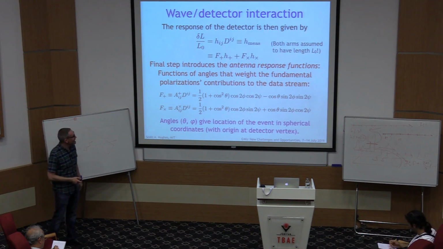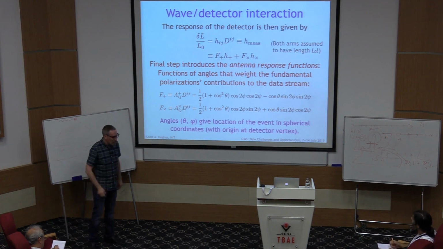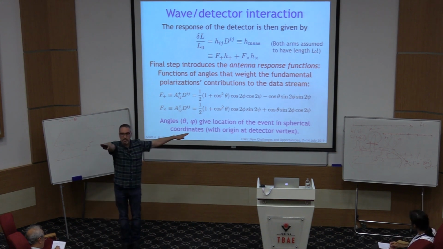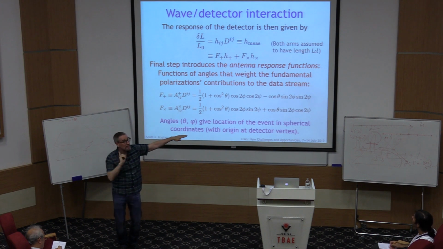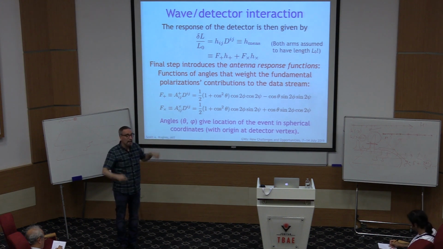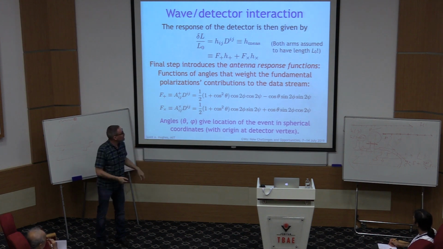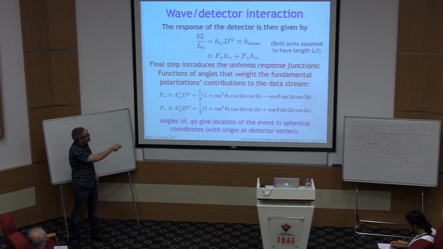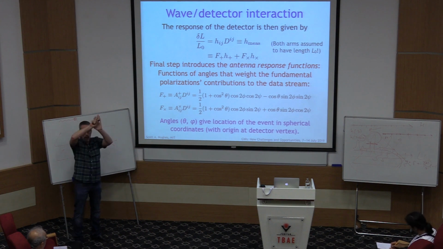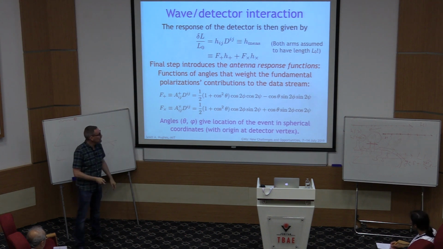Yes, that's right. So if you imagine that here's my gravitational wave detector, and I define, let's say this is the x-axis, this is the y-axis, and the z-axis points along my head. If I define spherical polar coordinates according to those axes in the normal way, then theta and phi denote the position of my source in that particular coordinate system.